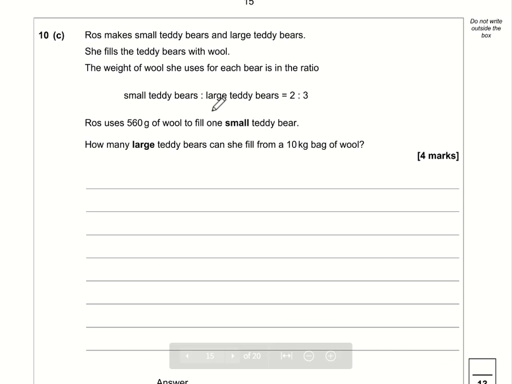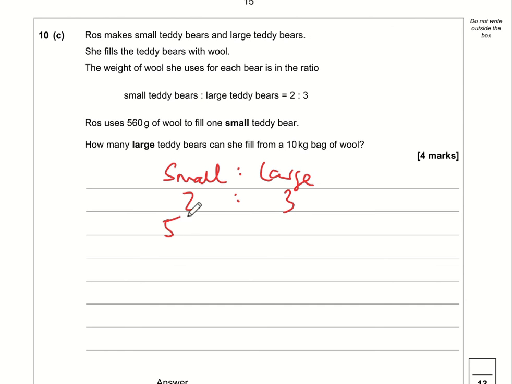So we know the ratio of the weight of wool, let me just write that down, small to large is 2 to 3, and 560 grams is used for 1 small teddy bear. So what we need to do is work out how many times greater than 2 is 560. So what is 560 divided by 2? 560 divided by 2 is 280.